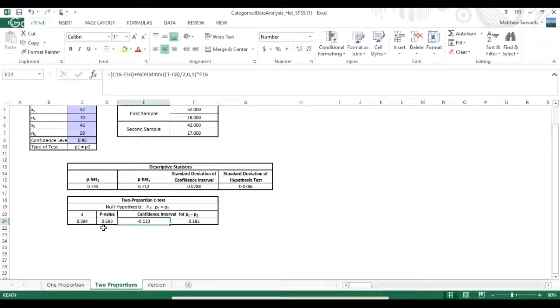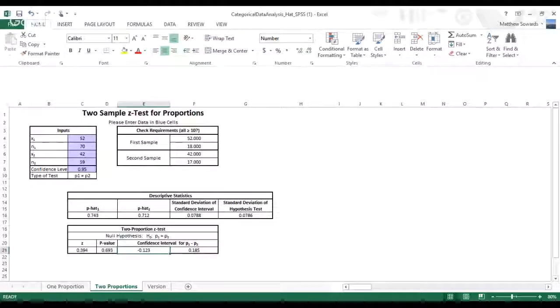It's right here. Okay, p-value, there it is. So then we fail to reject the null hypothesis, H0. Yeah. Okay.